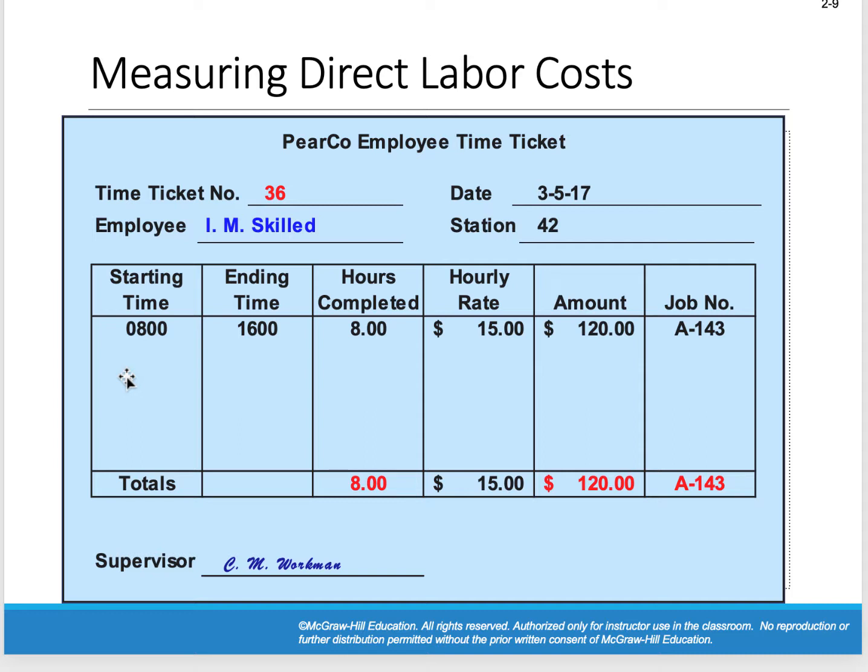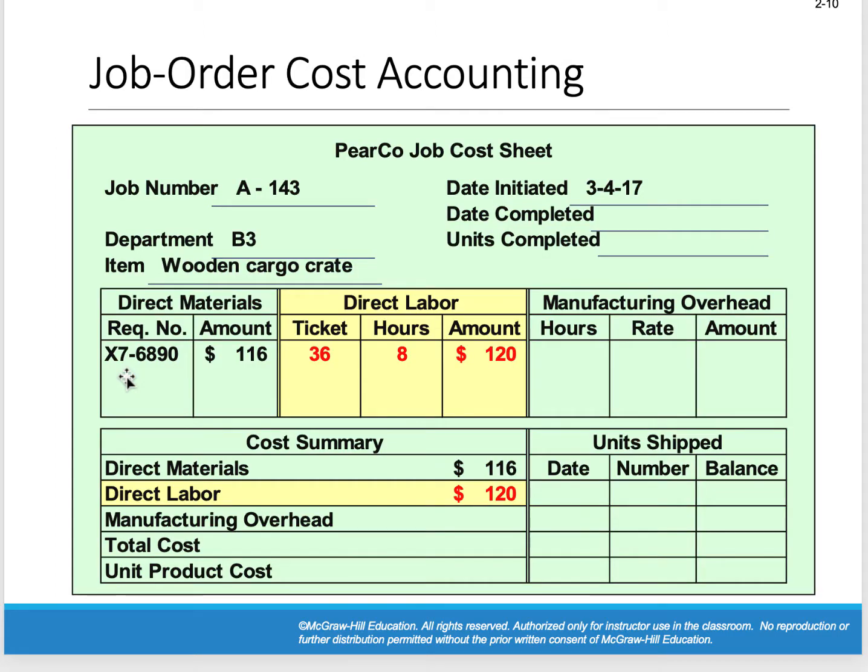What do we have? Well, we have an employee, I am skilled, right? This I am skilled person informs us as managers what time this person started, what time this person ended, the total hours that person worked, the rate that they get paid per hour, and also notates what job this person is working on. Okay, so we take that time card and guess what we do?